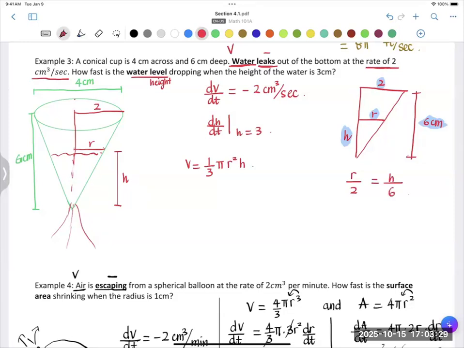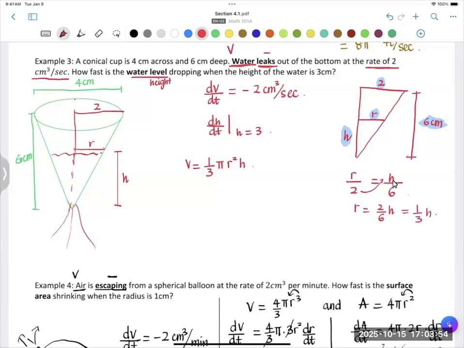Okay. Because we only care about the rate of change of the height, we can isolate the radius in terms of the height. Then my radius is 2/6 times the height, because you can multiply by 2 on both sides, and that would be 1/3 of the height.